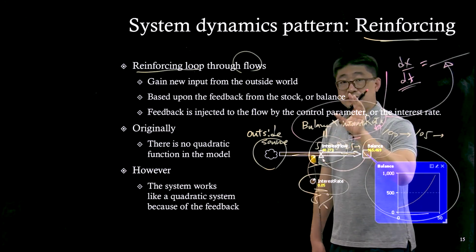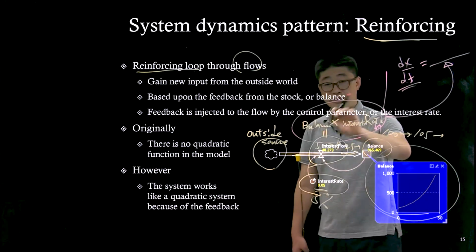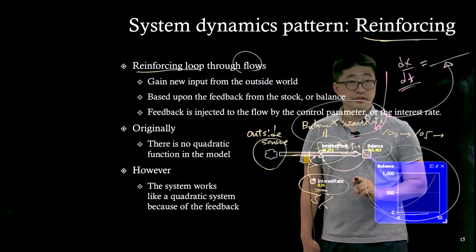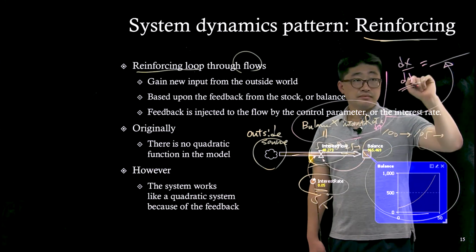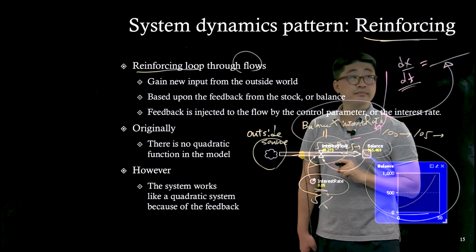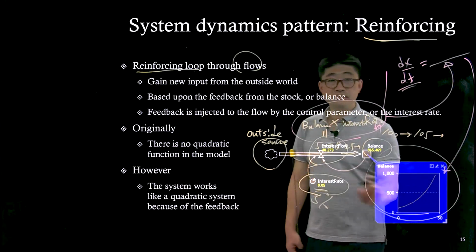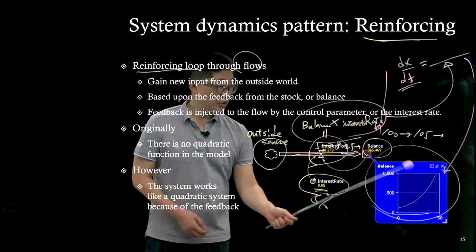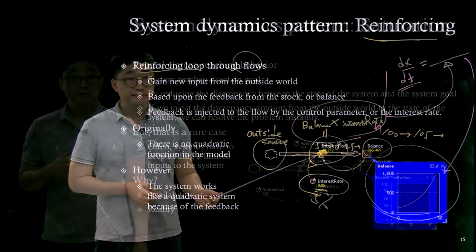Even though this is a first degree polynomial, when it comes to dx over dt, it will make a second degree polynomial. Then it will make these types of results and work like a quadratic system. So this is a reinforcing loop.